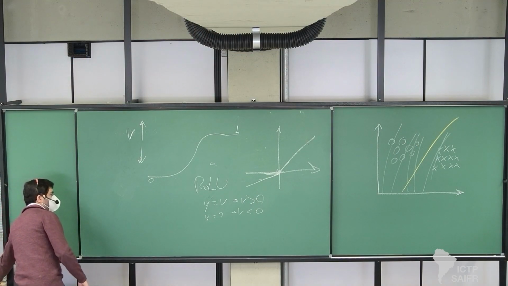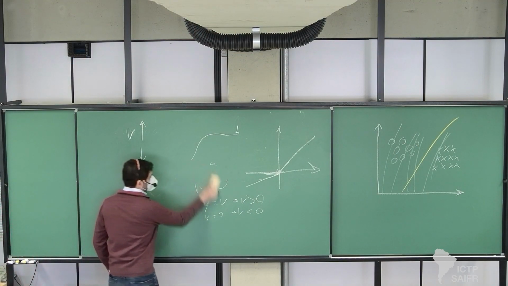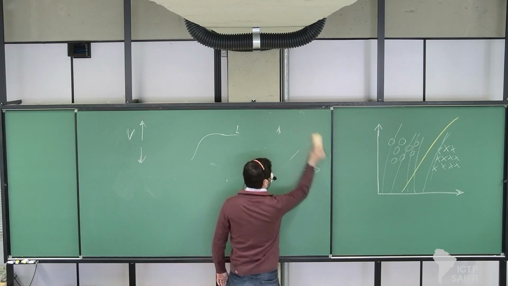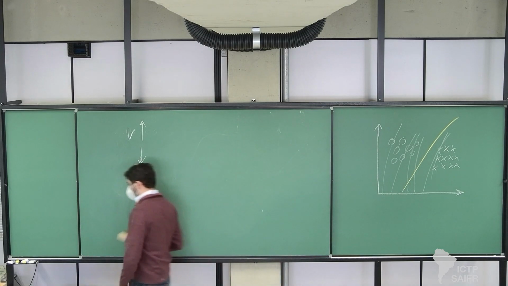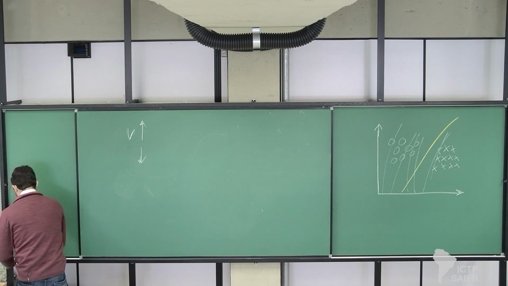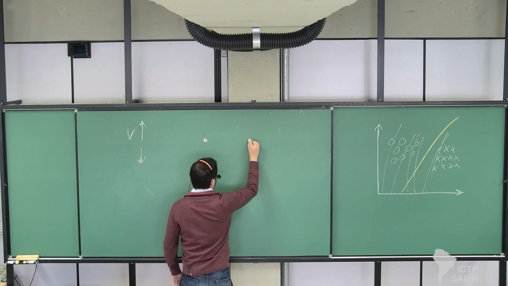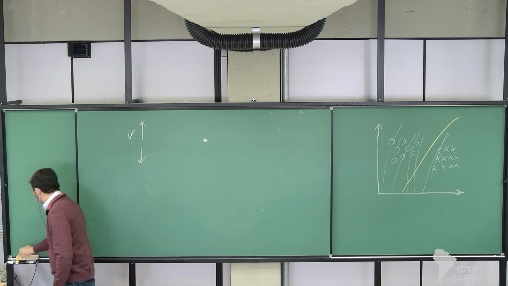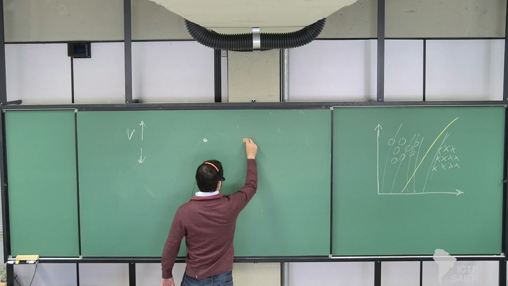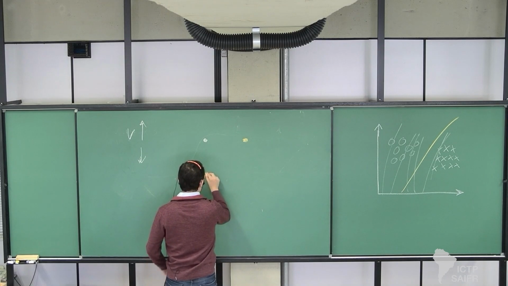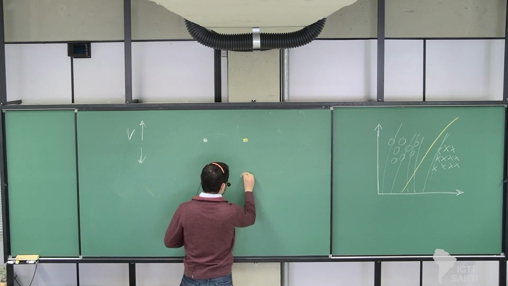I don't know if I got what you said. Okay, let's draw here. Originally we have this, right? Right. What do you mean by another point?